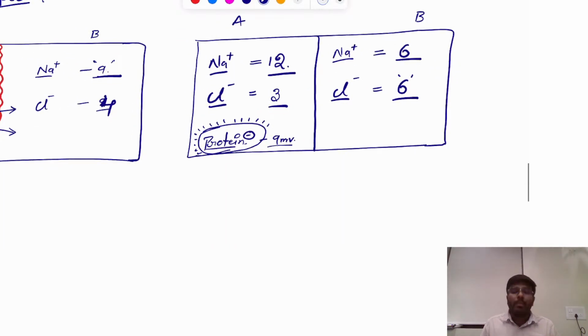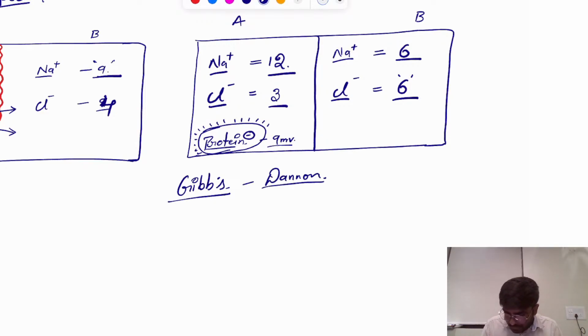Now let's talk about what we have discussed in the Gibbs-Donnan equation. So what exactly is this Gibbs-Donnan equation telling us?